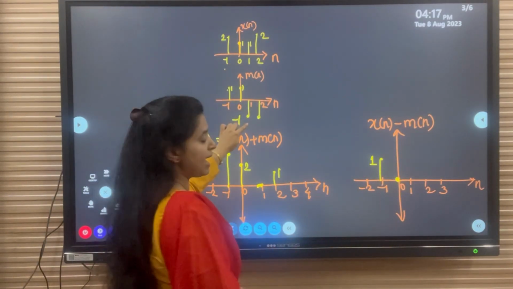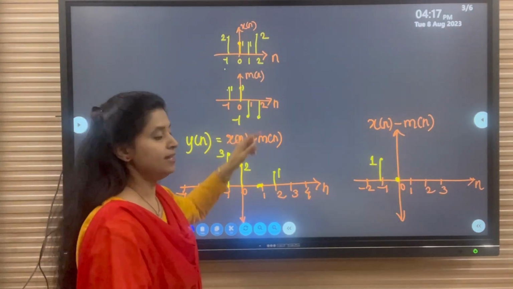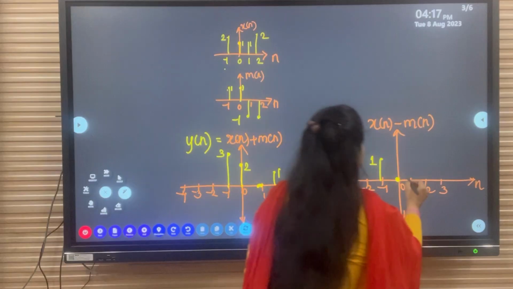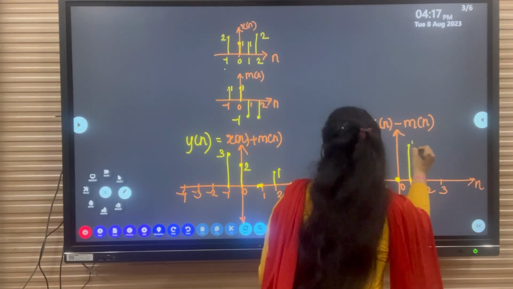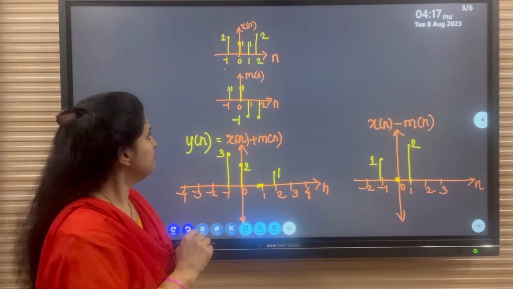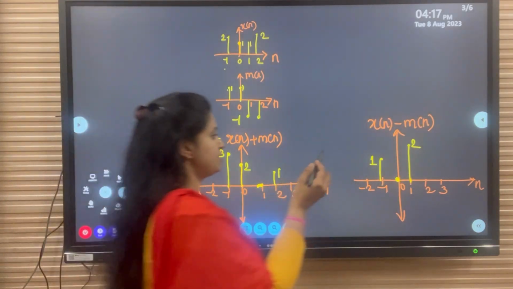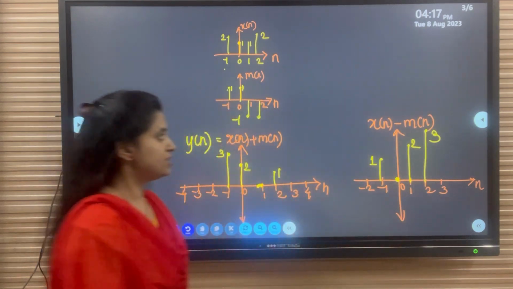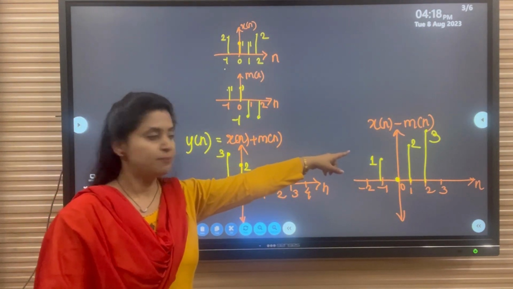Then 1 minus of minus 1 means 1 plus 1 is equal to 2. So here I have 2. Then 2 minus of minus 1 means 2 plus 1 is equal to 3. So here I have this amplitude equal to 3. So this is the signal x of n minus m of n.